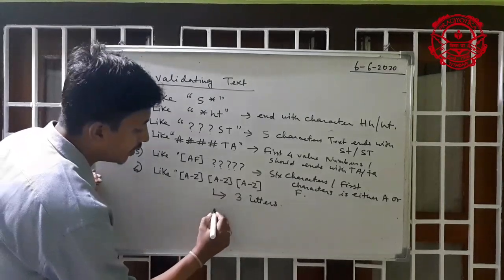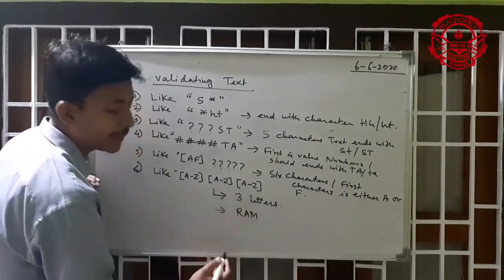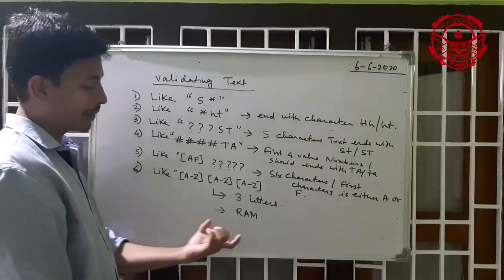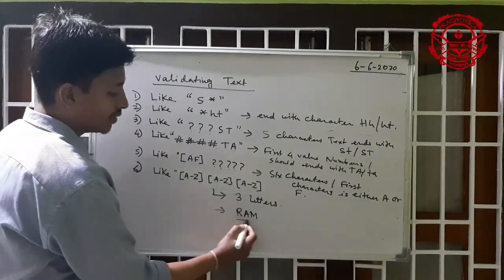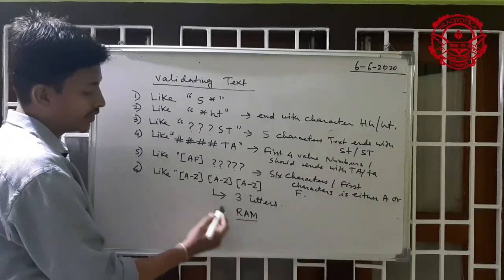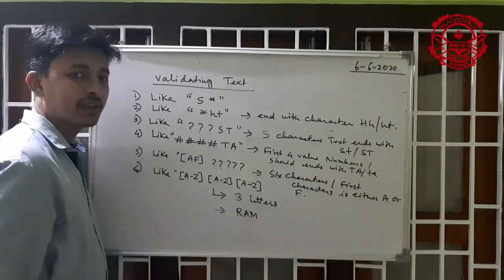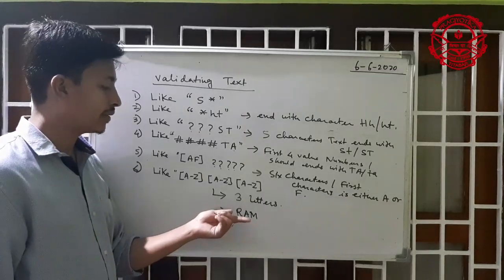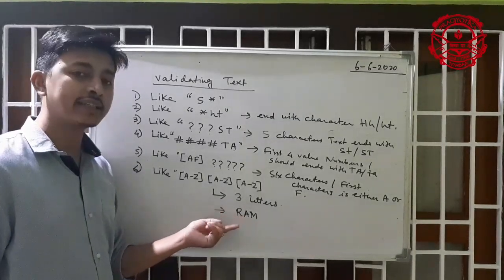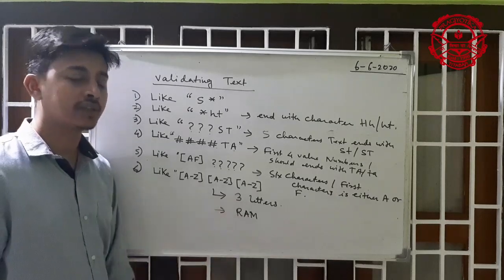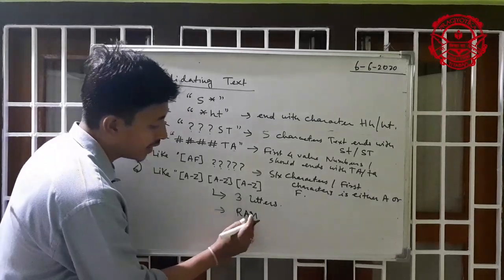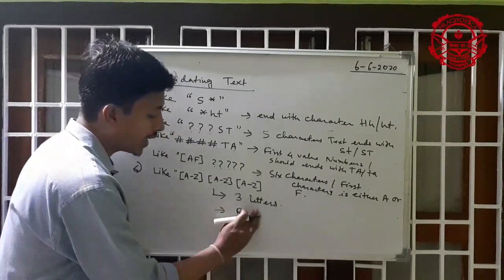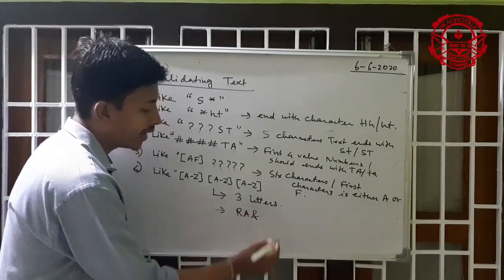For example, I am writing here, say RAM. Anything. Okay? So RAM is what? It is a 3-letter word, and it accepts only characters. There are no numbers, no symbols. You cannot give like RA3 or RA ampersand.